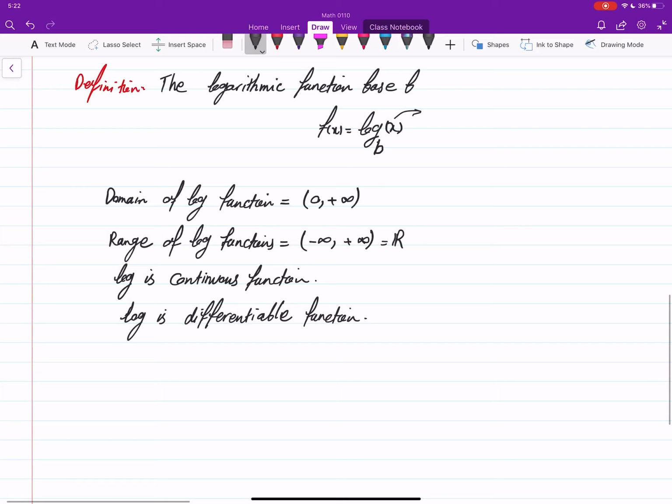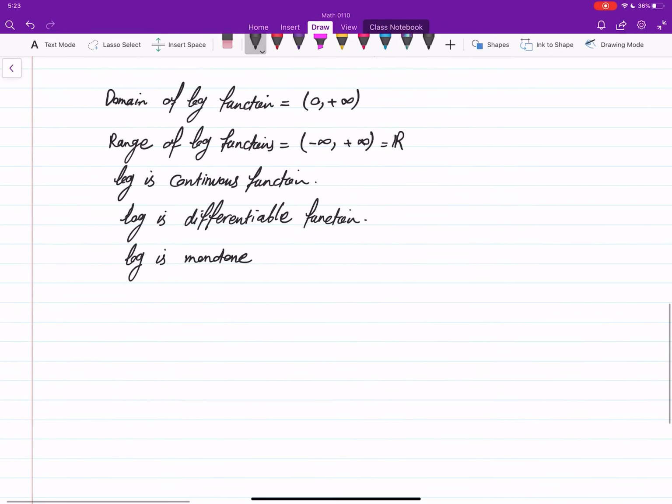Well, it is monotone. Log is monotone. It means that it is increasing or it is decreasing depending on b. And indeed, we have the graph for log functions.